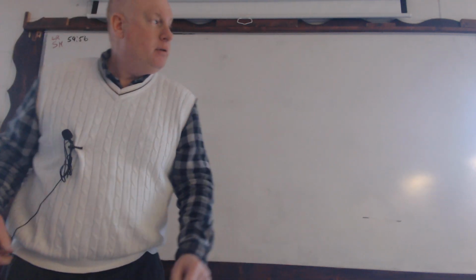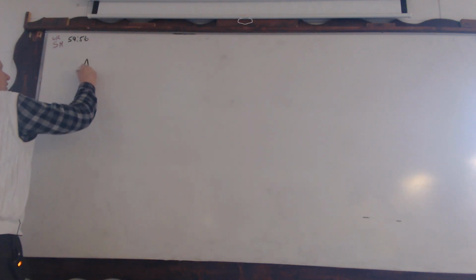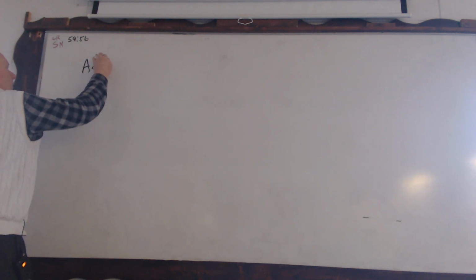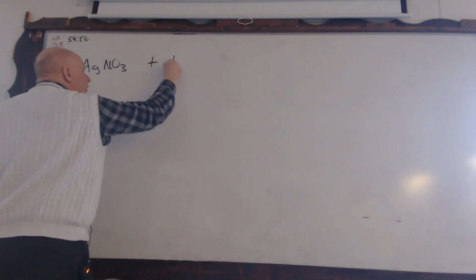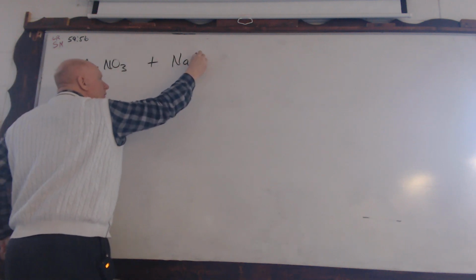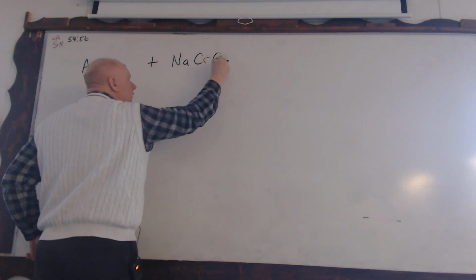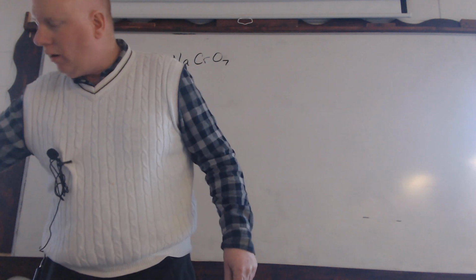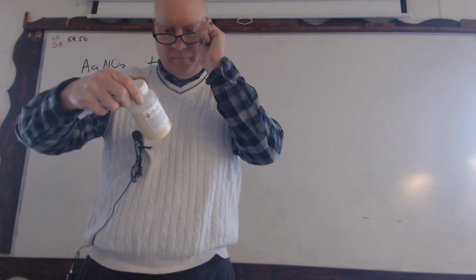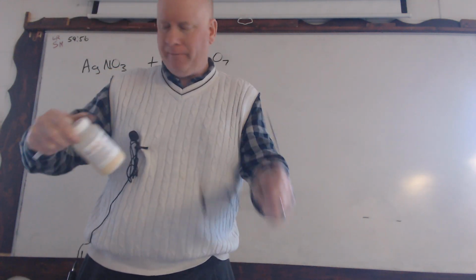Okay, so if we had some of this, we know that we took silver nitrate. Okay, and then we added sodium chromate. Oops, that's not right, is it? I think it's, isn't it O4? Yep.